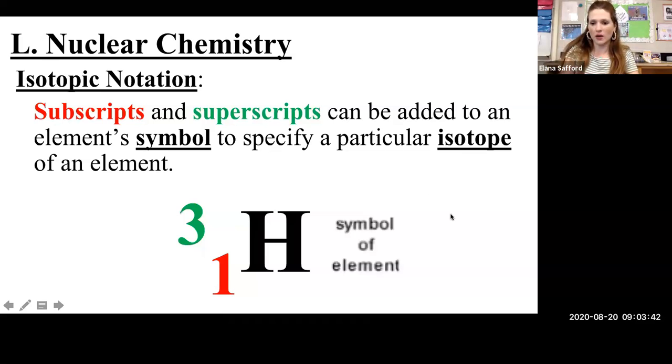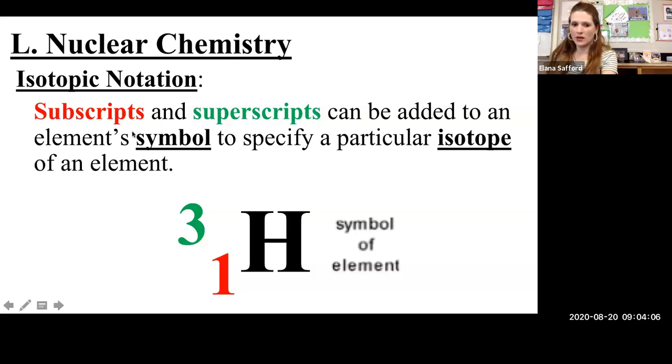We've already talked about this isotopic notation. We use this in chemistry to specify, because we can't assume that every single atom has the same number of neutrons. So this is just a shorthand way of specifying which isotope specifically we are talking about.